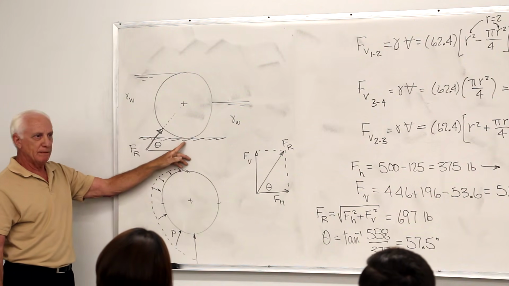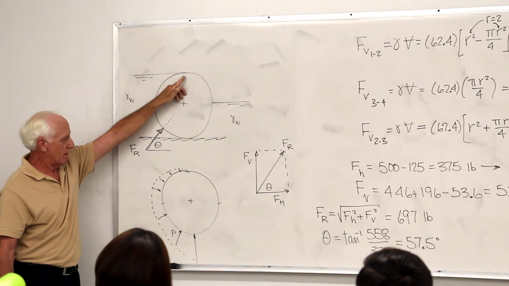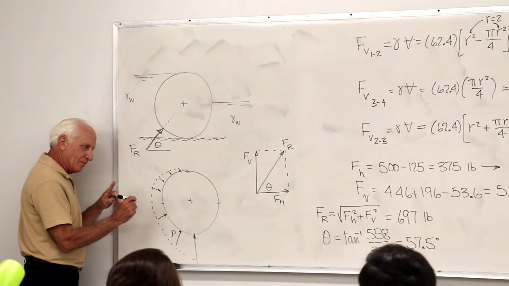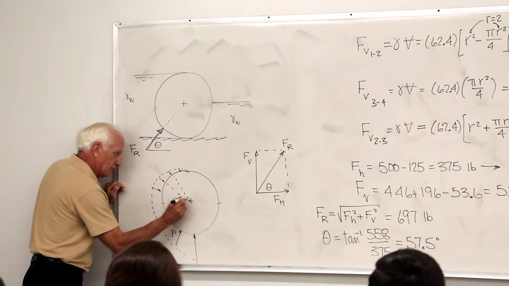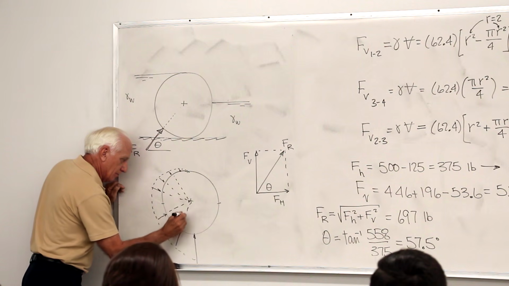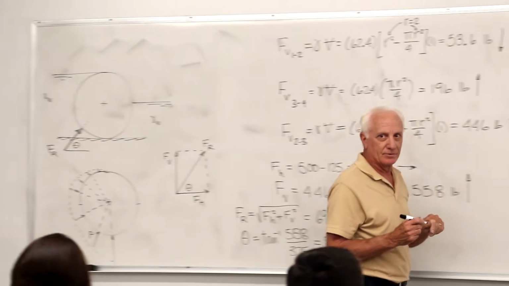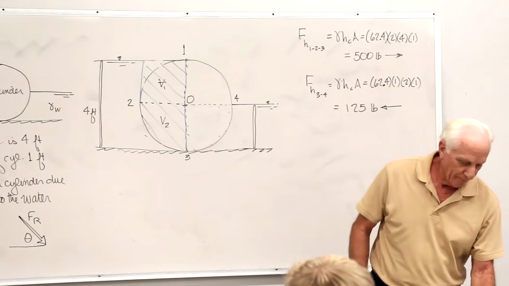Way down here, way deep down here. Where's the smallest pressure force? Zero right there. Zero, bigger, bigger, bigger. And where do all these arrows go? Don't forget, pressure acts normal to the surface. All these individual little pressures go through the centroid. So guess where the resultant force goes through? The centroid. So it makes sense that way.